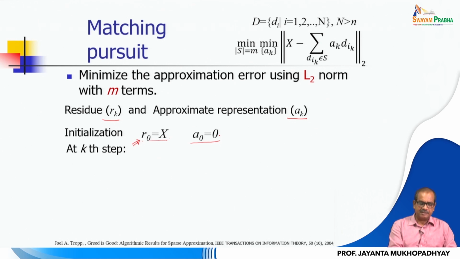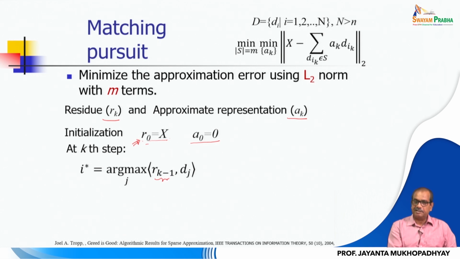Now, in general in any kth step, I will represent the residue by the notation r_{k-1}. You take the inner product of the k minus 1th residue, that means at the kth step you have the k minus 1th residue. So, in the first step you have R0 as a residue.